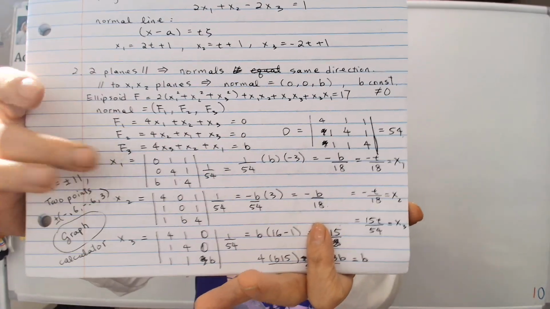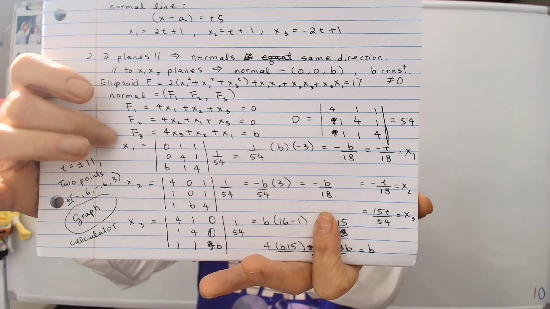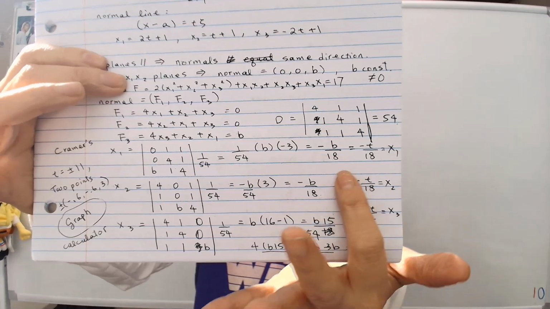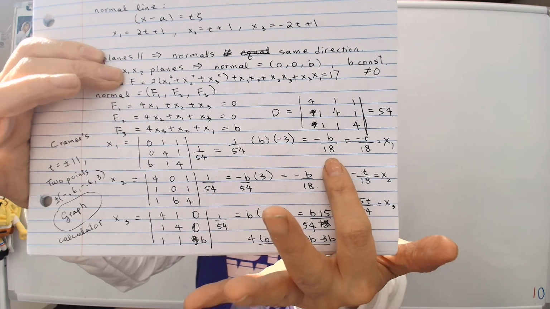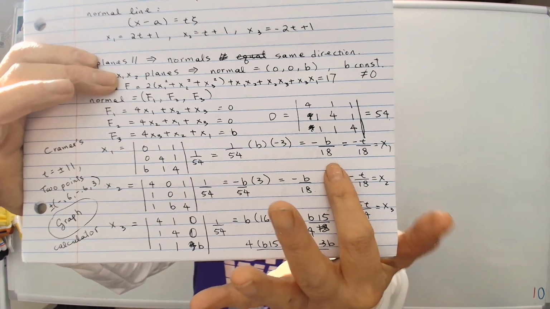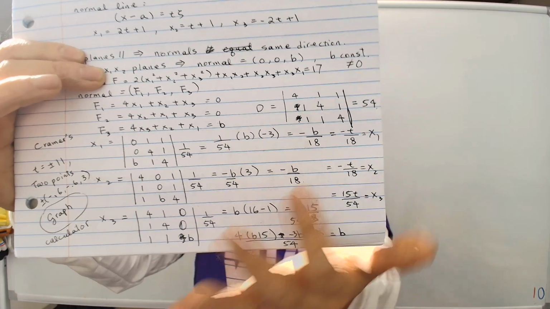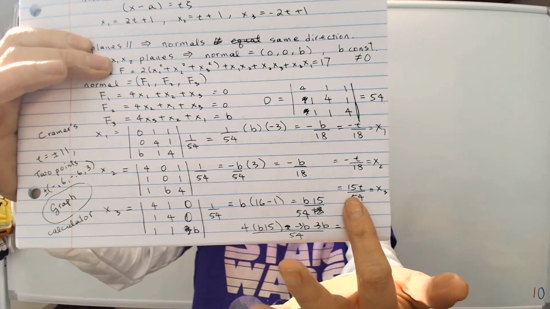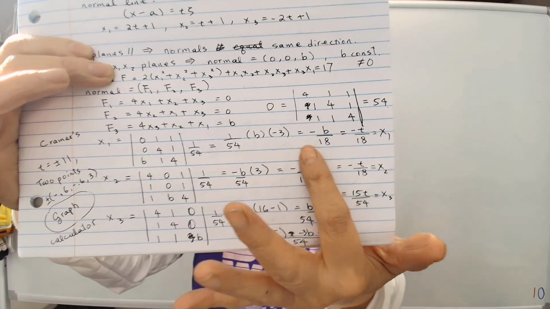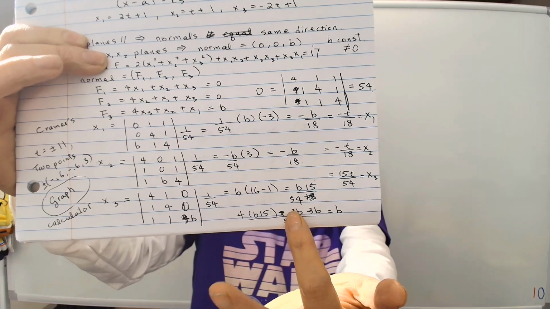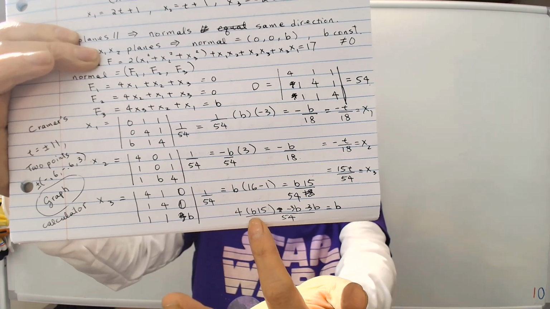And applying Cramer's rule, x1 is equal to, by the time you get through the calculations, minus b over 18. B is flexible, as long as it's not 0. Similarly, I calculated x2 and x3, which also depend on b. x1 is that, x2 is the same, and then x3 equals this thing.